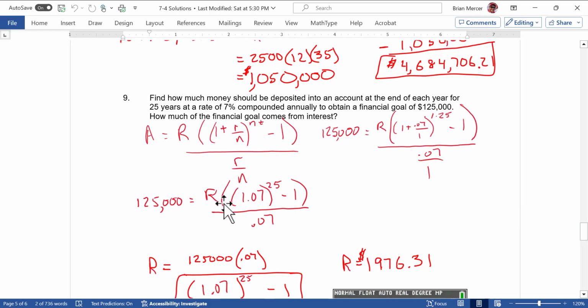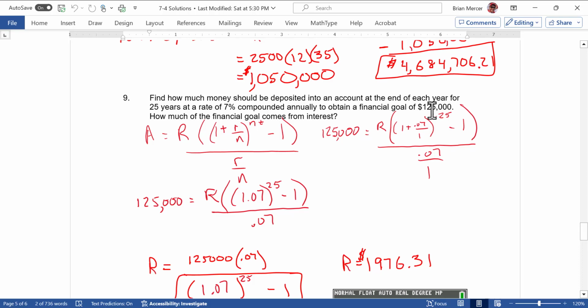In other words, what's the regular payment? ALEKS calls that M, we call it R, it doesn't really matter. What's the regular amount that you have to put in every month, or in this case every year, for 25 years, at 7% compounded annually, to obtain a goal of $125,000.